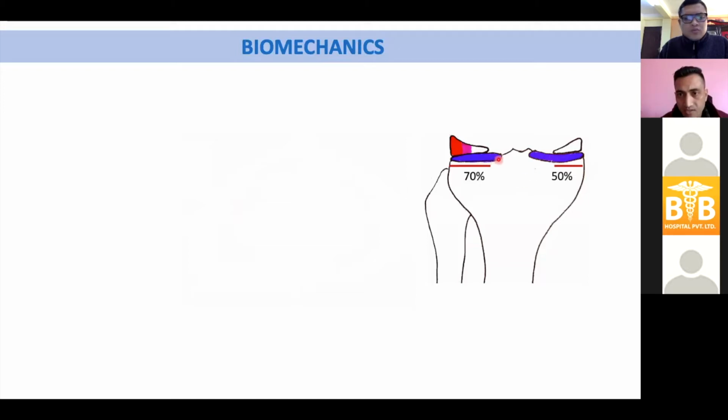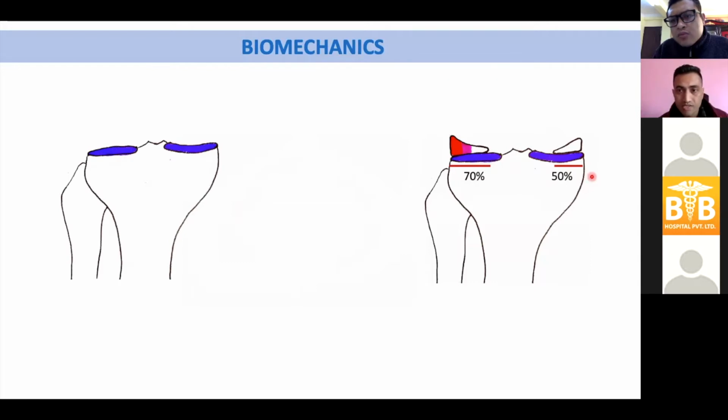Now, if you look at the tibial condyles, the anatomy is very interesting. Let us imagine a tibial condyle without meniscus. The meniscus has been removed. This is the lateral tibial plateau, and this is the medial tibial plateau. The lateral is slightly convex, while the medial one is concave.